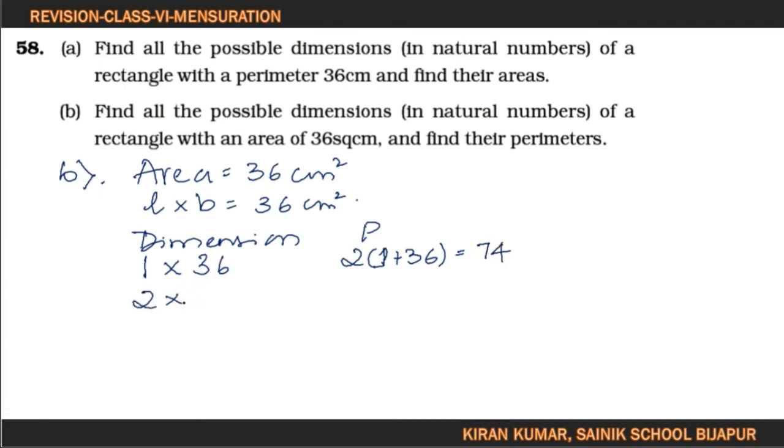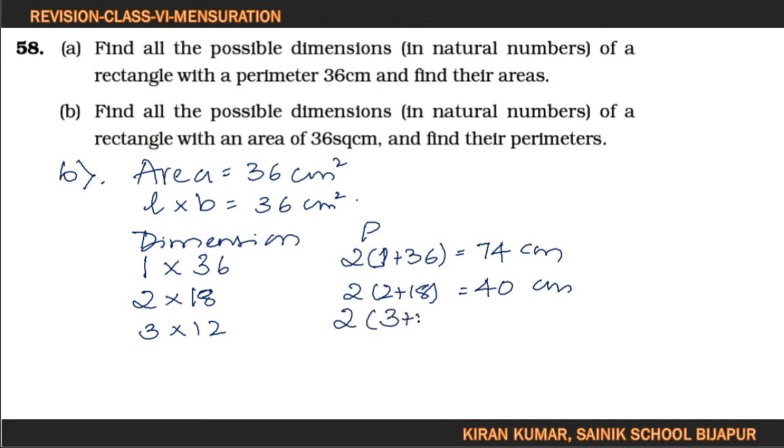Likewise, we have 2 and 18 combination. So 2 times 2 plus 18 will be equal to 40 centimeter. If you consider 3 and 12, the perimeter is 2 times 3 plus 12, which is 30 centimeter.